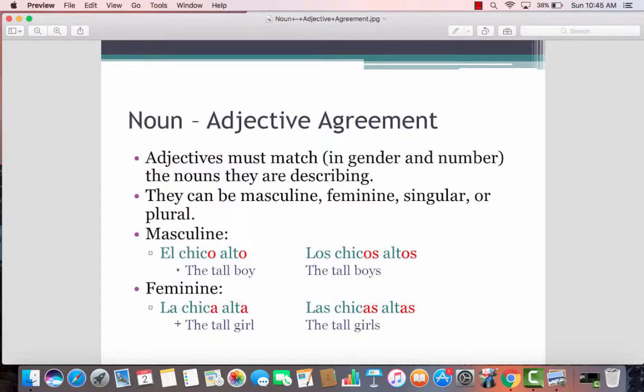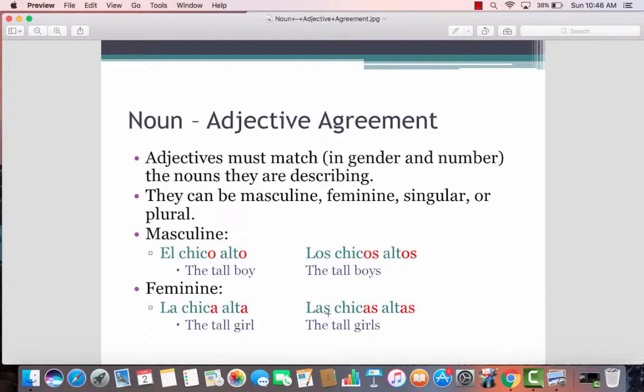The same situation happens in the feminine example. Chica is the noun, so because it's feminine and singular, alta has to be also singular and feminine. Las chicas altas: the noun is plural and feminine, so therefore the adjective altas is feminine and plural.